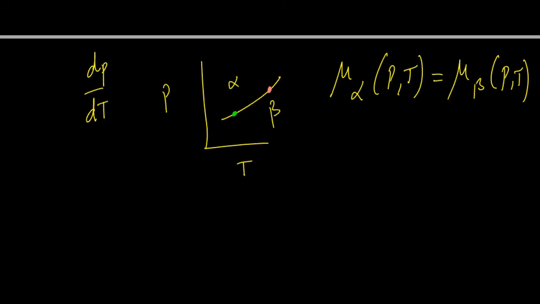Then, if that is true, then I can also say that the change in the chemical potential d mu alpha is equal to d mu beta, right?